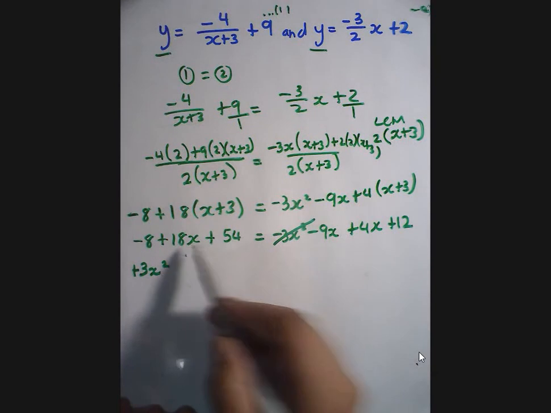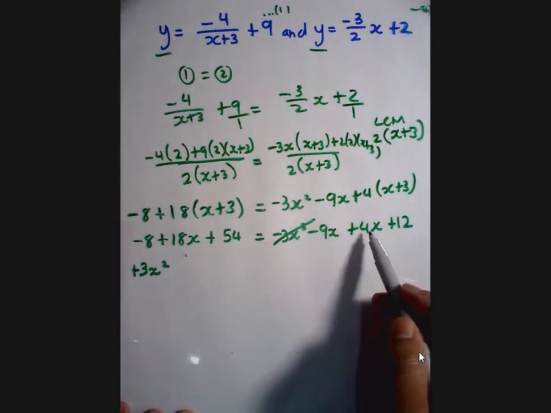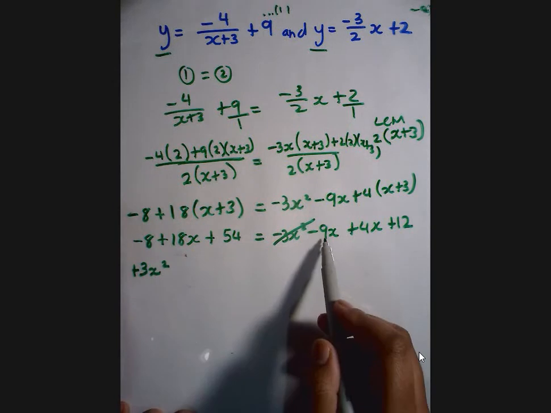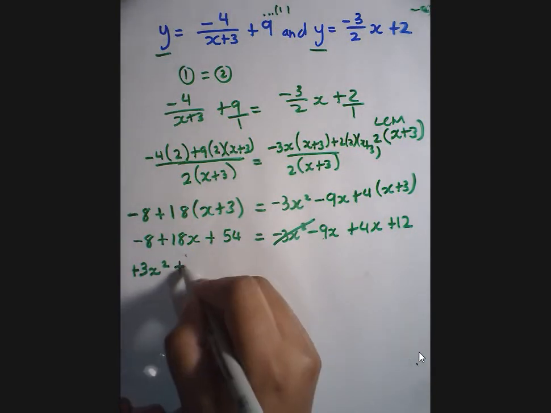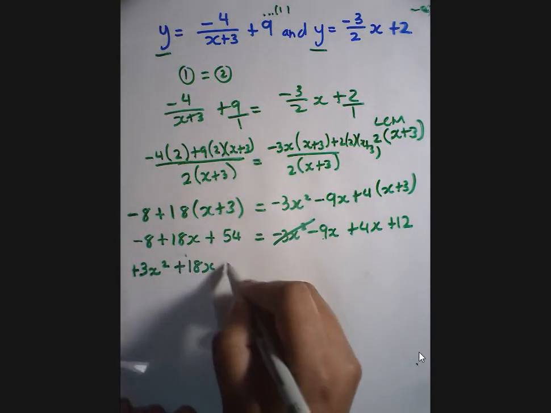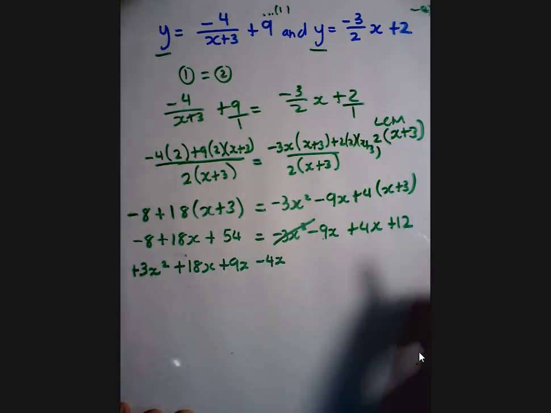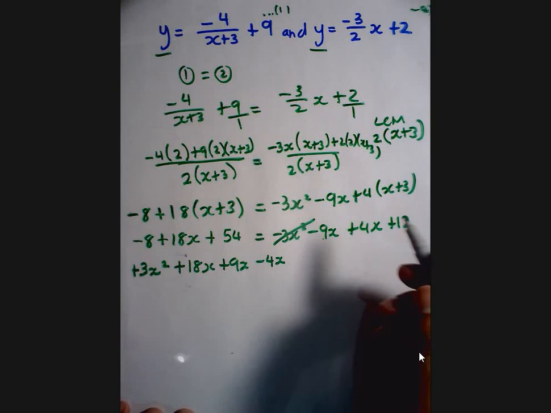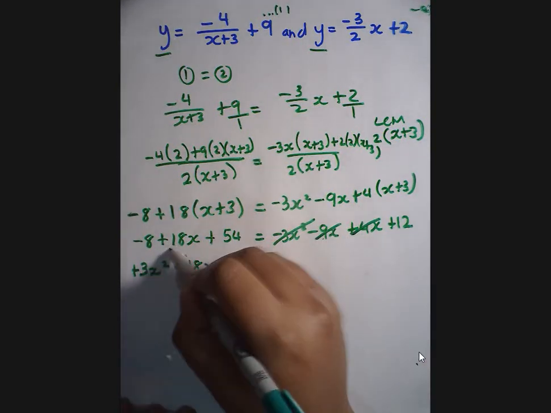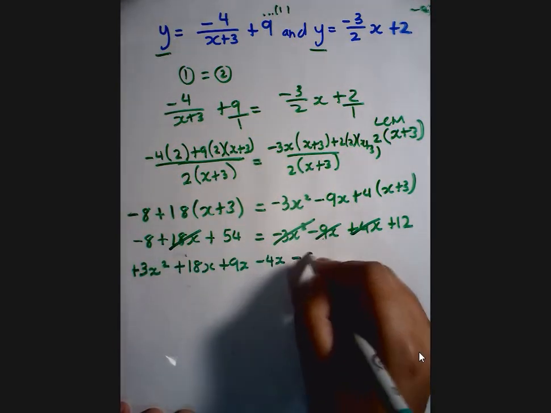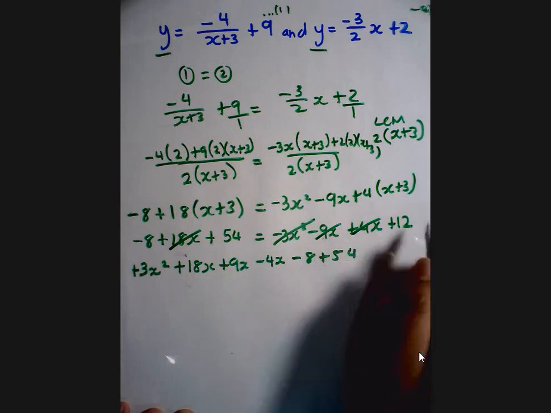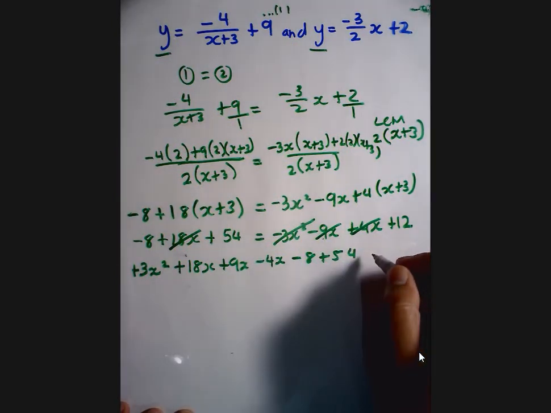If I move this here and I move that here, so let me just type it out, otherwise I'll get confused. Then I have minus 8 plus 54. This comes to the side, becomes minus 12, equal to 0.